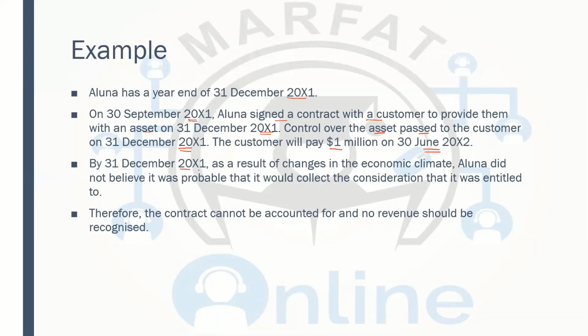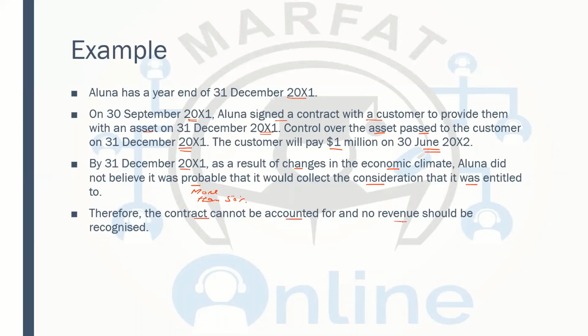By 31st December 20x1, as a result of changes in the economic climate, Aluna did not believe it was probable, and when you say probable, that means more than 50% chances, that it would collect the consideration that it was entitled to. So they think they will not be getting the payment. Therefore, the contract cannot be accounted for.